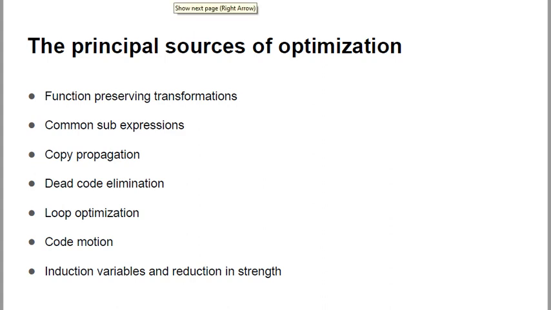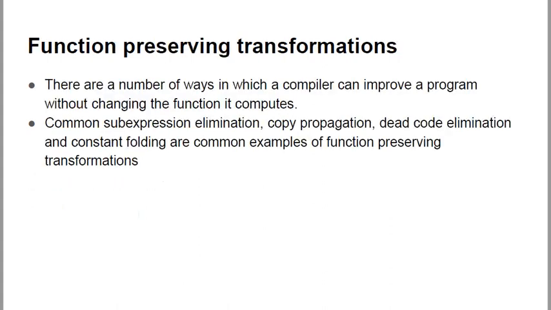By the term function preserving transformation, it is easy to understand what is meant. We are going to deal here with several kinds of transformations which will help us in optimizing our source code. So first is function preserving transformations.